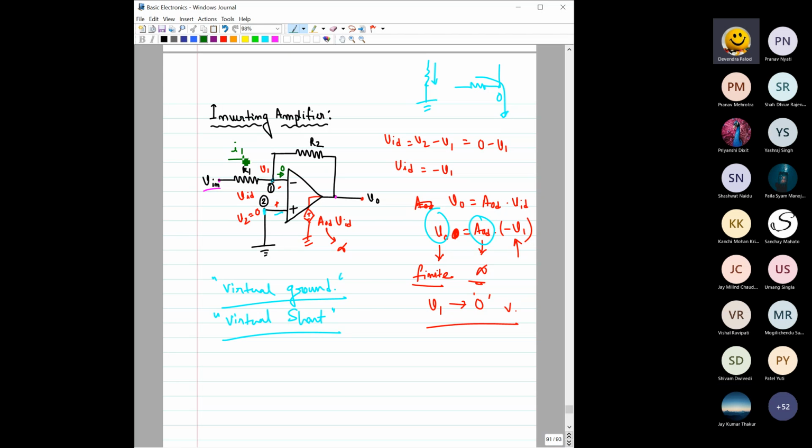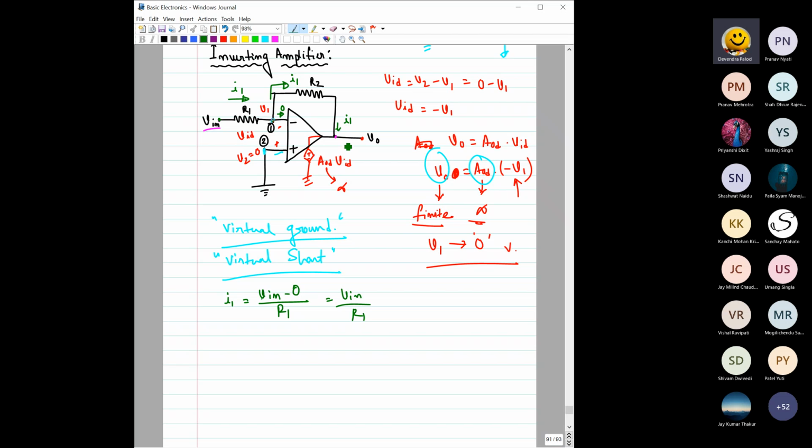That means this I1 current cannot go in here, so I1 has to flow through R2 only, and it will come here. So I1 would be equal to V in minus the potential of this node, which is 0, we have found, divided by R1. So I1 is equal to V in by R1, right? This current.